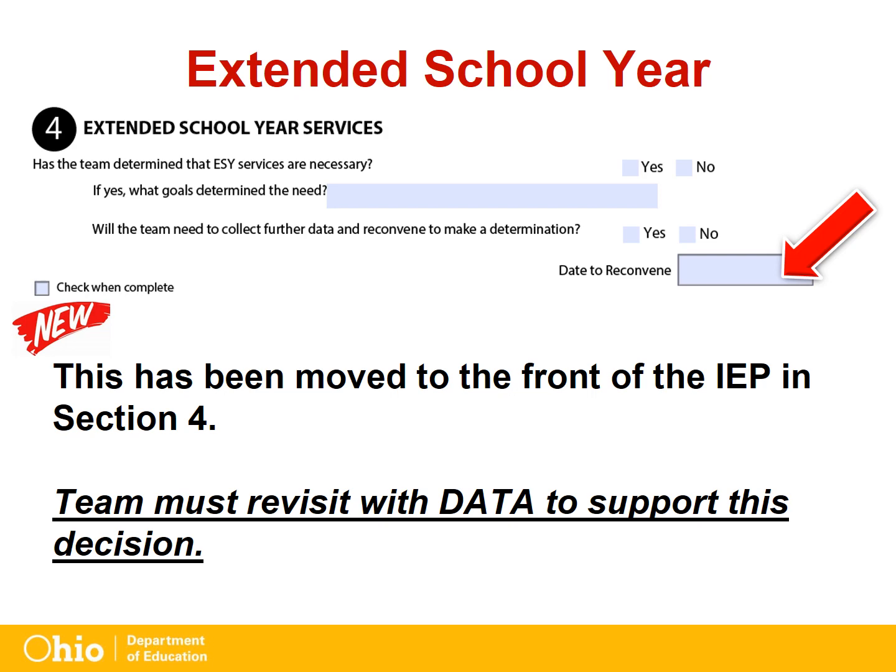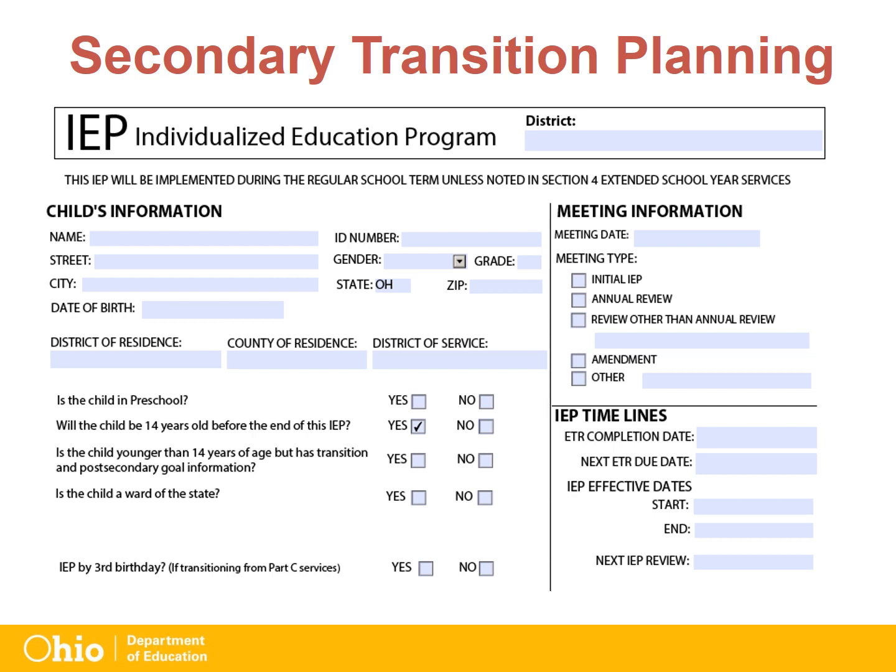To access IEP Part 5, Post-Secondary Transition, click Yes to one of the questions on the IEP cover page. Will the child be 14 years of age before the end of this IEP, or is the child younger than 14 years of age but has transition and post-secondary goal information?